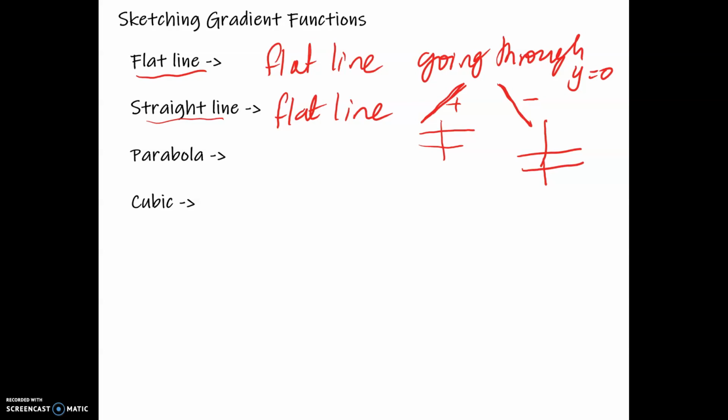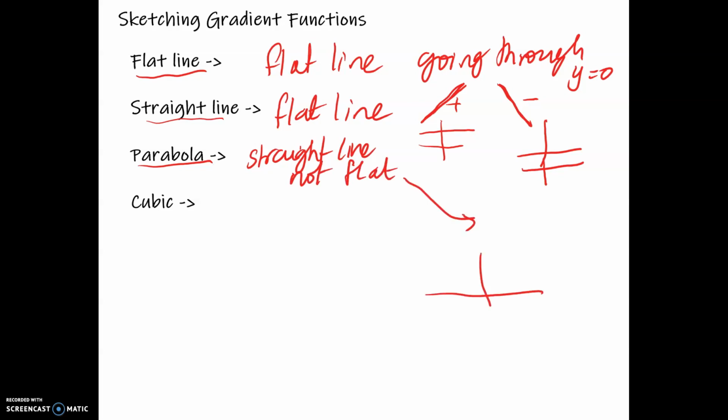A parabola is going to give you a straight line, but it's not flat. Now this will either be a straight line with a positive gradient, or a straight line with a negative gradient.